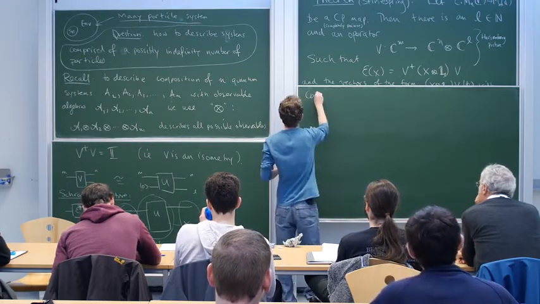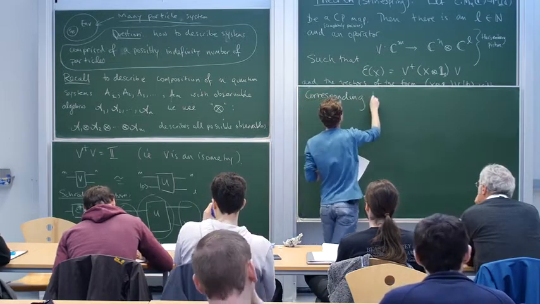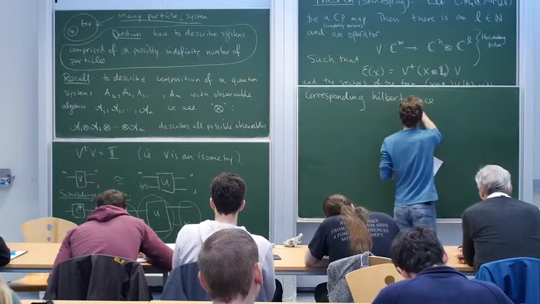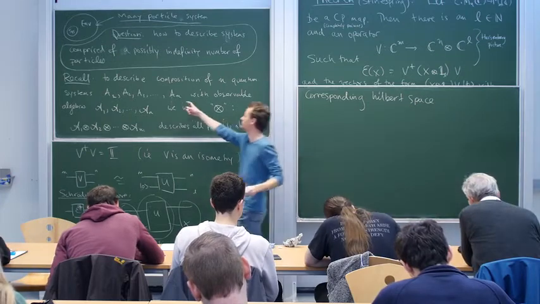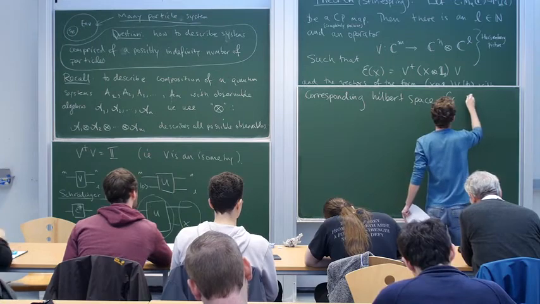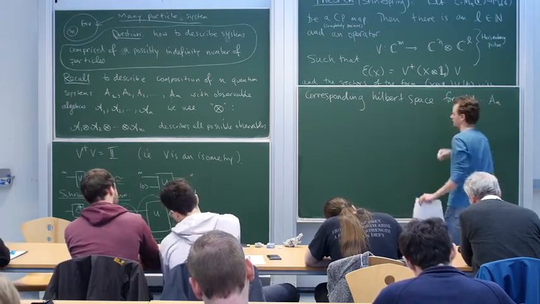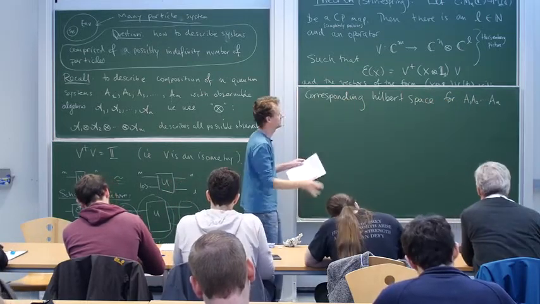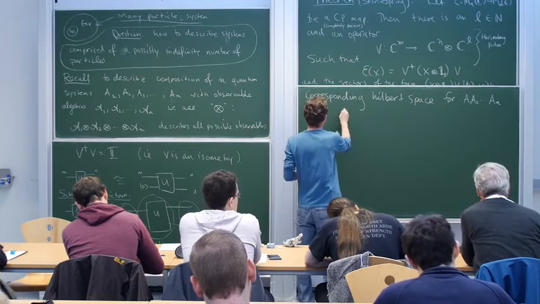So before we get to Fock space, we're going to talk about the Hilbert space for this composite system here, because we're going to do things in terms of Hilbert space. So the corresponding Hilbert space for this composite tensor product of A1, A2, A3, and so on, is easy.